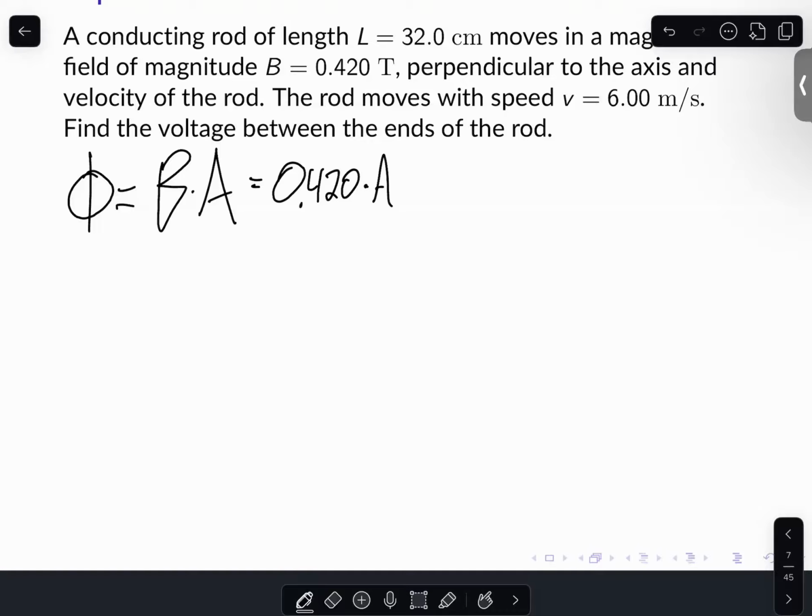It's changing. First you have a small rectangle, then a bigger one. So I don't have a single number I can plug in for A. I have to write an equation. What is the equation for the area of a rectangle? Length times height? Well, I've got the length. I gave you the length, 32 centimeters, 0.32 meters. I could just write that out.